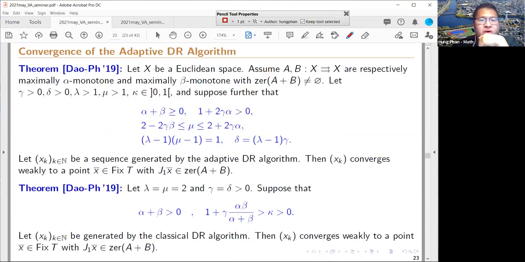So Ming and I have worked on this project for a while, and our first result came out 3 years ago, I think, the time we submitted the paper.